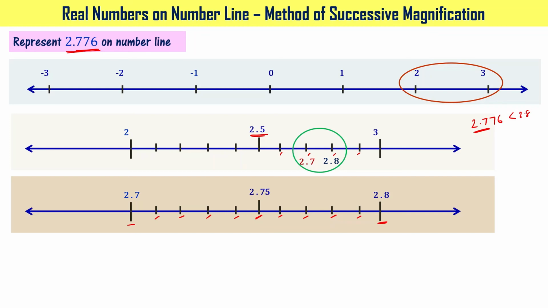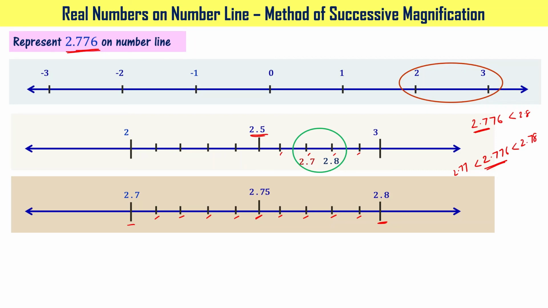Look at this. You have 2.776. It is greater than 2.77, right? And it is less than 2.78, right?